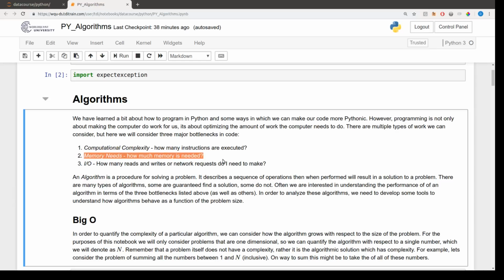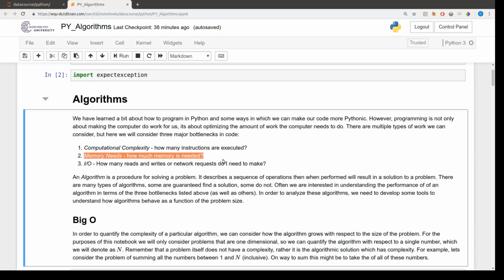Another limited resource is memory. How much data do we need to store in memory? Most modern consumer computers have somewhere between 1 and 16 gigabytes of memory, maybe even more.